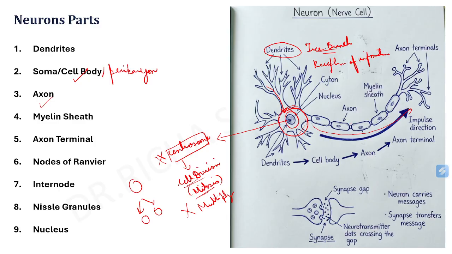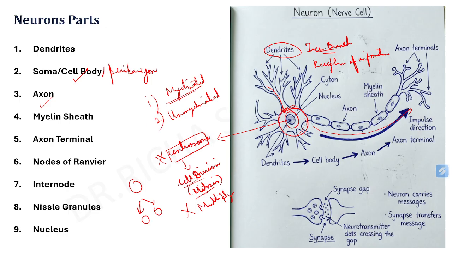So, this axon is of two types. Depending on the type of fiber, the axon can be myelinated, that is, it can be covered with myelin, or it can be unmyelinated. So, this gives us one type of classification of neurons into myelinated and non-myelinated fibers.